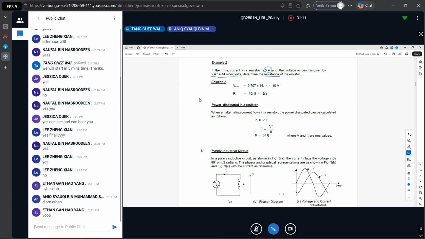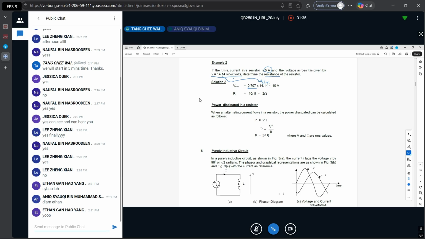This is VM, it is not the RMS value. To convert it to RMS value, you multiply by 0.707.